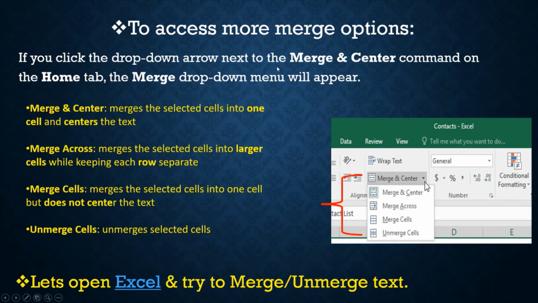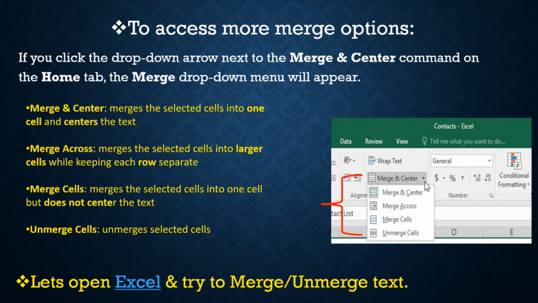Now there are some more options of the merge option. If you click the drop down arrow next to the merge and center command on the home tab, the merge drop down menu will appear. There are 4 more options for merging the cell. Merge and center, it will merge the selected cells into one cell and center the text.